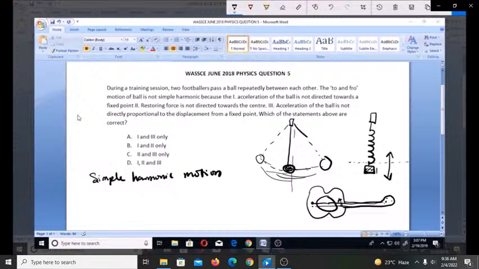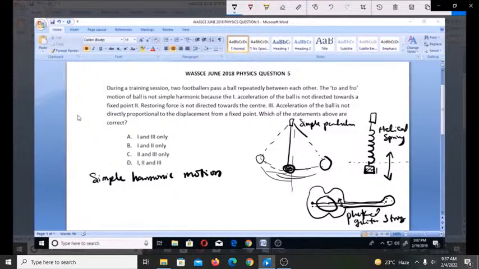So all these motions, both that of a simple pendulum, the helical spring, and a plucked guitar string, all of them make what we call a simple harmonic motion.